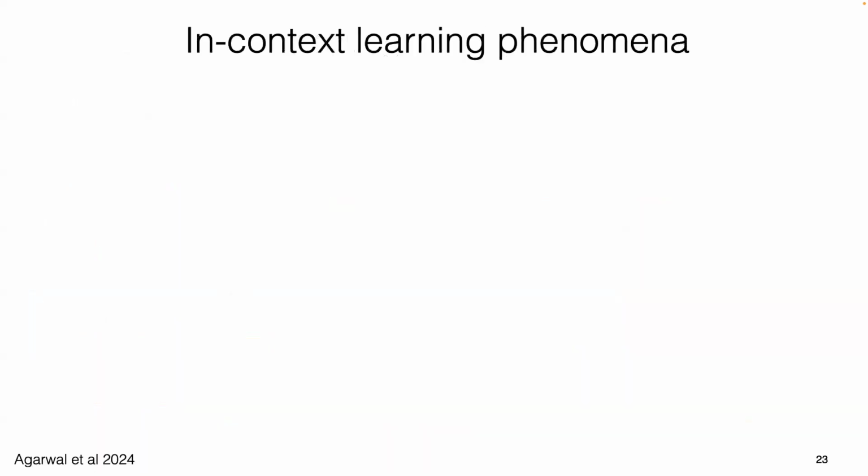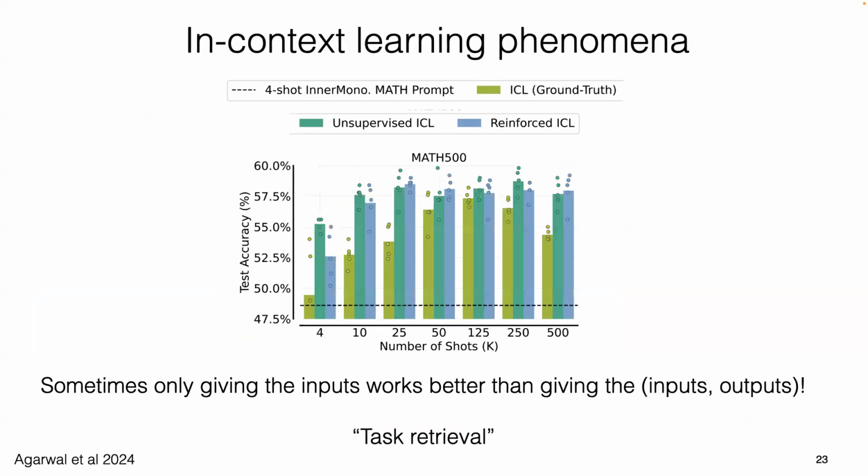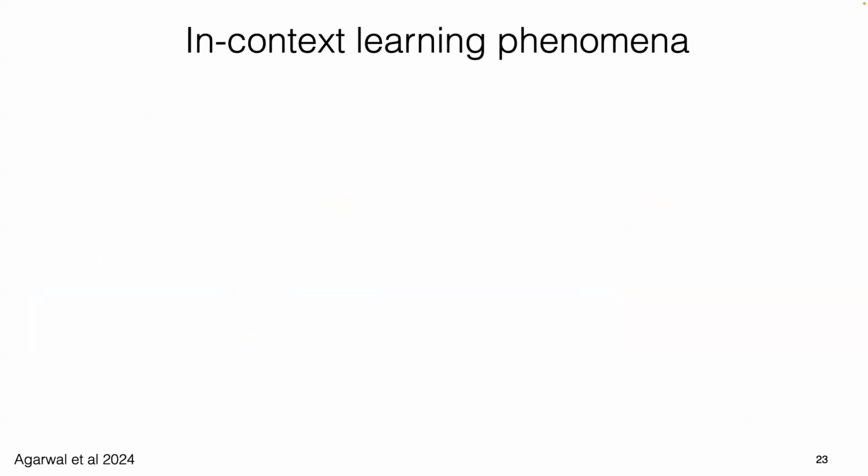So if we look at some phenomena associated with few shot learning, also called in context learning, there have been a few interesting papers looking into this.